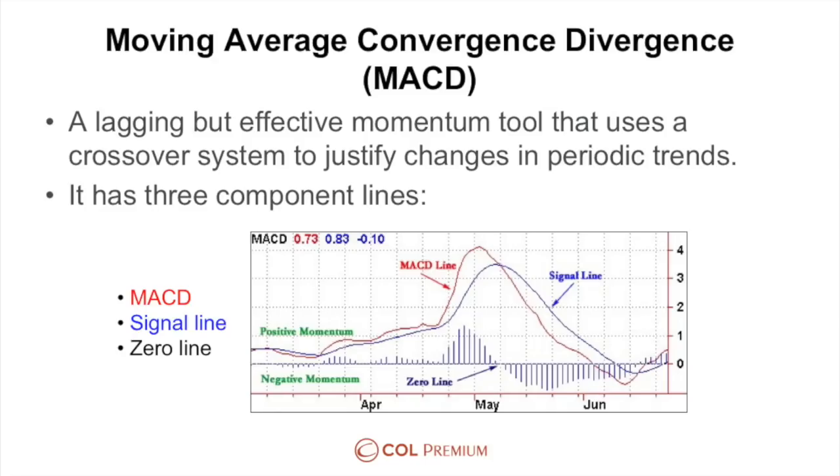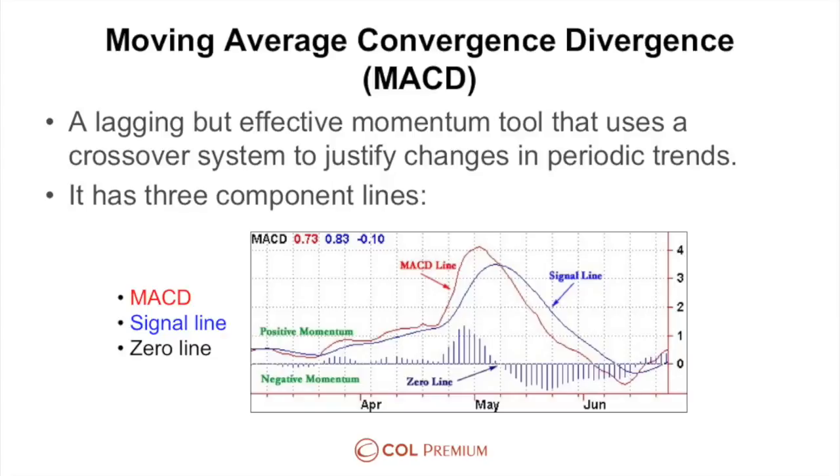The second indicator that we want to talk about is called the MACD. A MACD is in a similar category as moving averages, which means that they work best in trending environments.